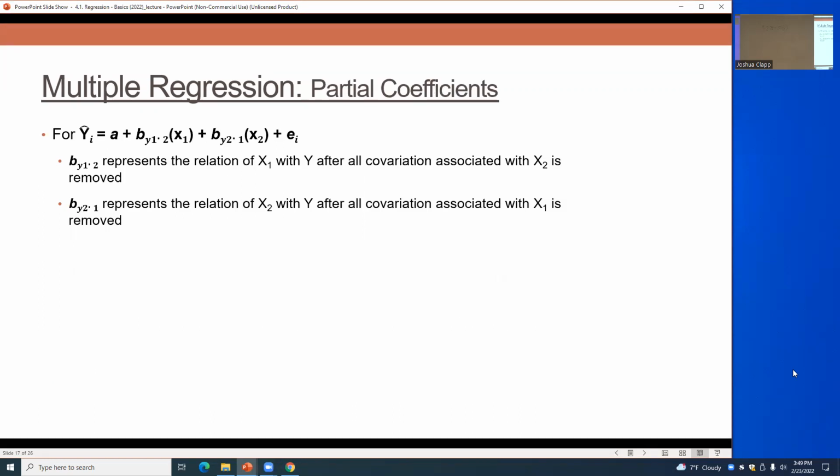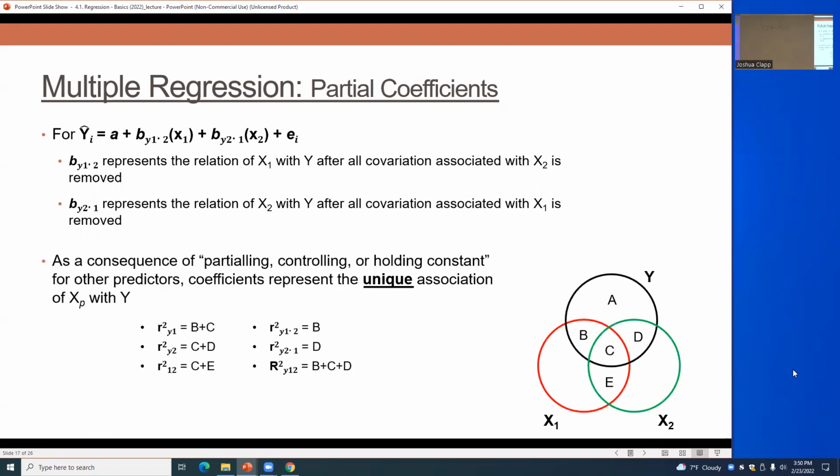So in thinking about these, again, here's our regression equation for a two predictor case. We have b1 given 2 and b2 given 1. b1 given 2 is looking at the relation of x1 with y after all the covariation associated with x2 is removed. b2 given 1 is the relation of x2 with y after all covariation associated with x1 is removed.